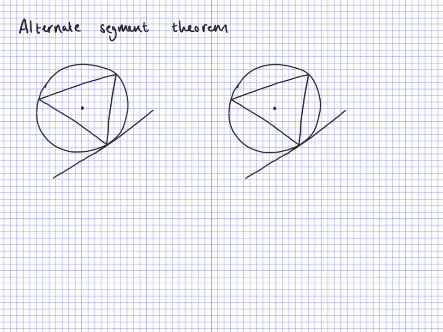So the segments. So the alternate segment theorem will say that if we have a chord like this one and a tangent, okay, so let's highlight all of this. So the chord and the tangent are making this angle on this side, okay. Let's do it in the other color.